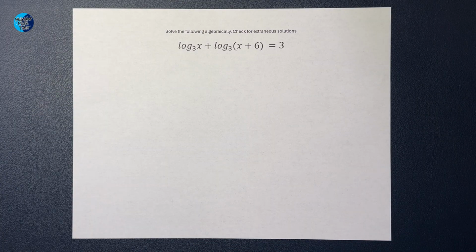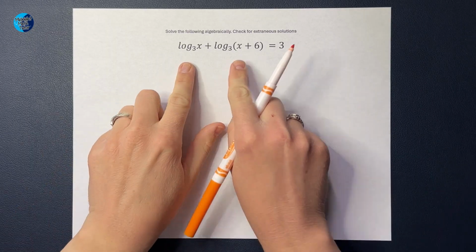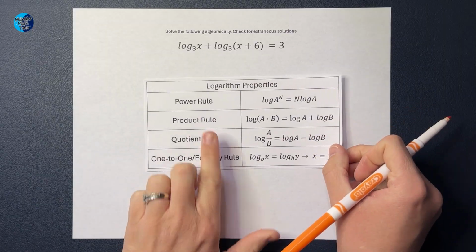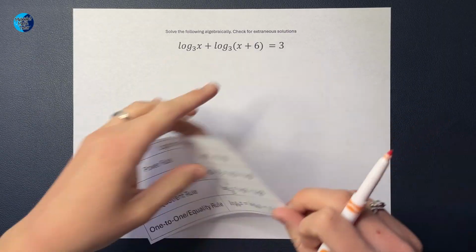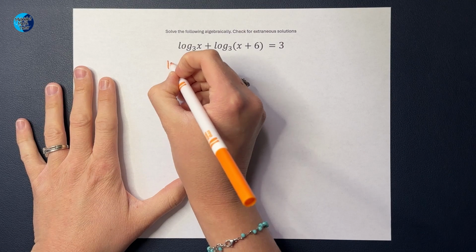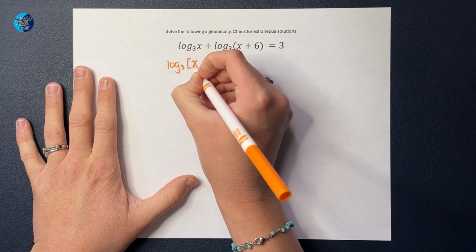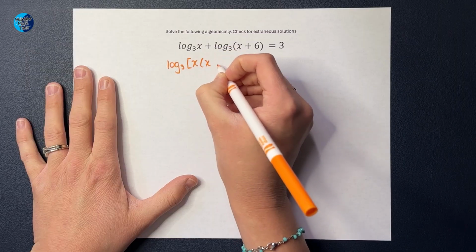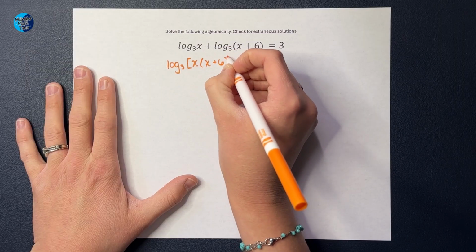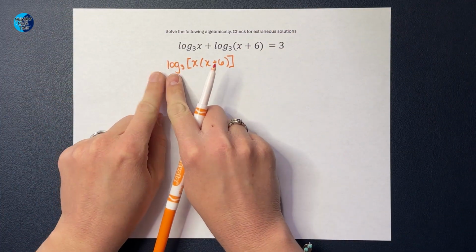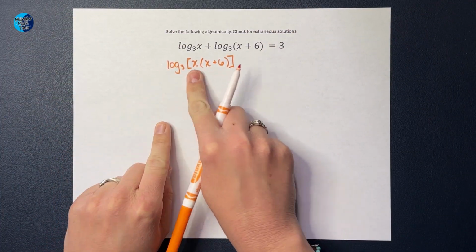All right, last one for now. We have two logs being added together. So I'm going to use my product rule to condense these. Log base 3 of x times x plus 6. Now I use these brackets, or you can use parentheses again, to show that the log is with both of these.